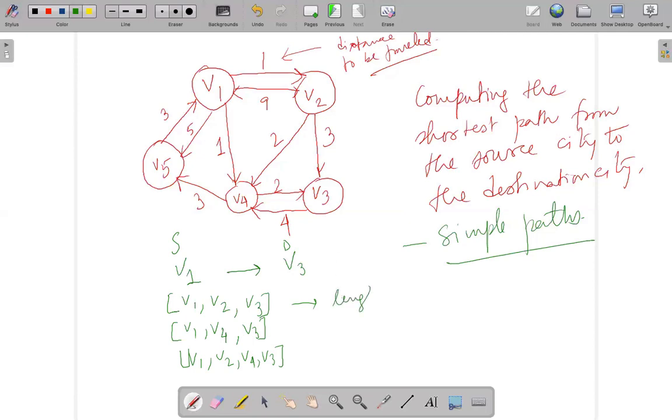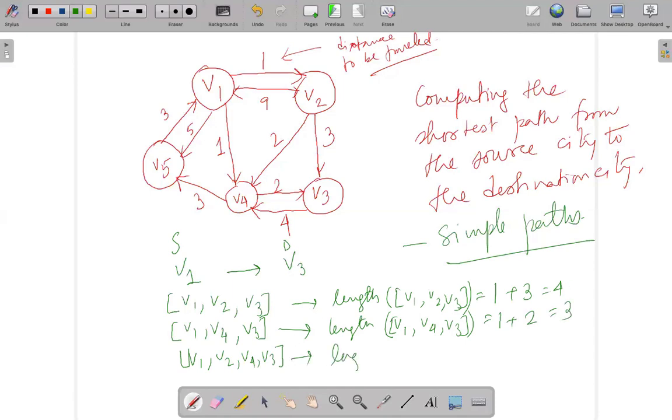So the length of V1, V2, V3 is 1 plus 3, that is 4. In this case, the length of V1, V4, V3 is 1 plus 2, that is 3.